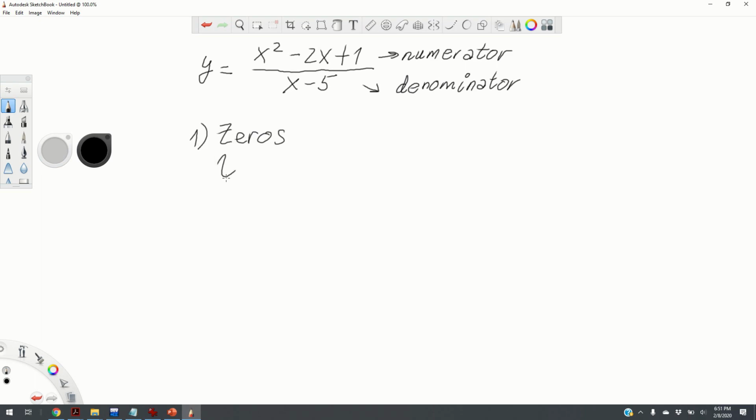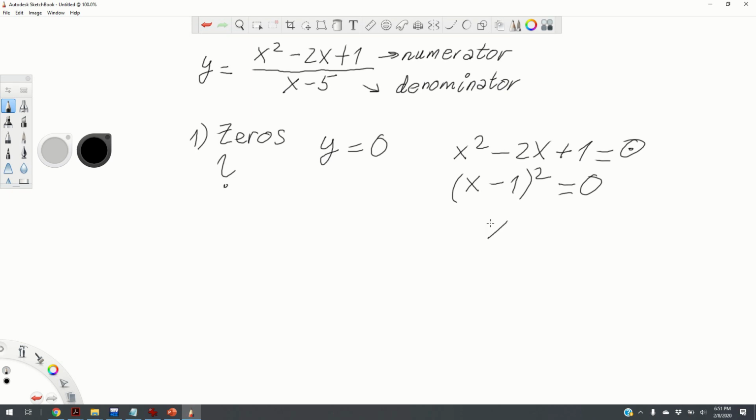So the question is, when does a rational function have zeros? Well, the zeros are determined for the values of x at which the numerator is equal to 0. So we want to find the points for which the numerator is equal to 0. This numerator obviously can be written as (x minus 1) squared.